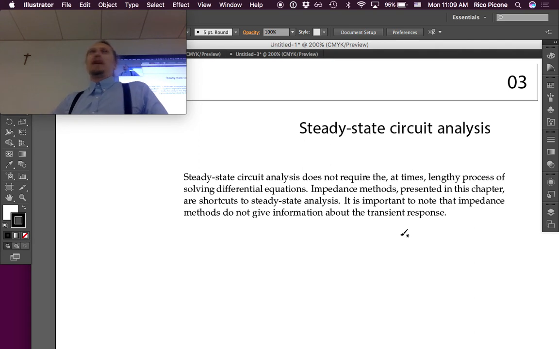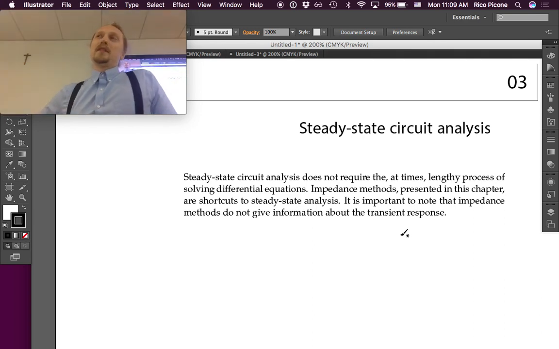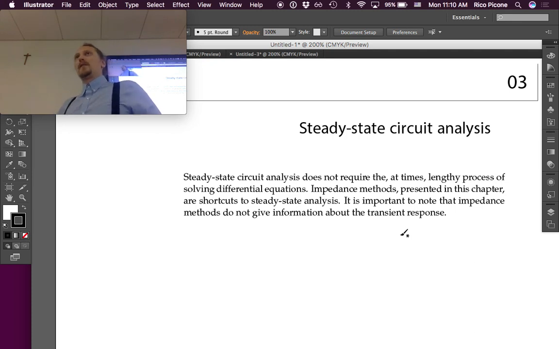So if you put in a sine wave, you get out a sine wave at the same frequency for a linear system, and the only things that change are the amplitude and the phase. And so I'm going to posit that if we just care about the steady state, we don't have to go through the differential equation solution.